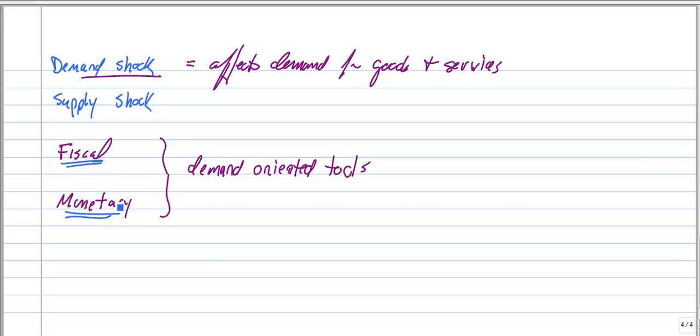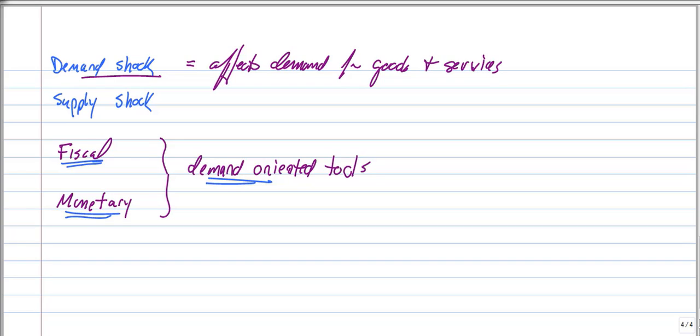And both Congress through fiscal policy and the Federal Reserve through their monetary policy can absolutely impact the economy. Okay, they can stimulate or they can slow down the economy. All right, and they do so by focusing on demand.